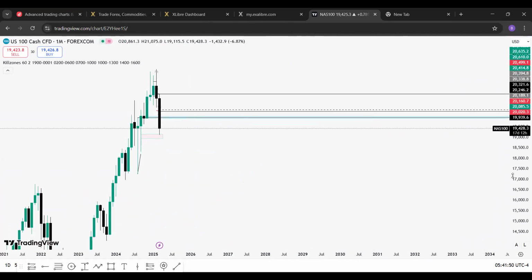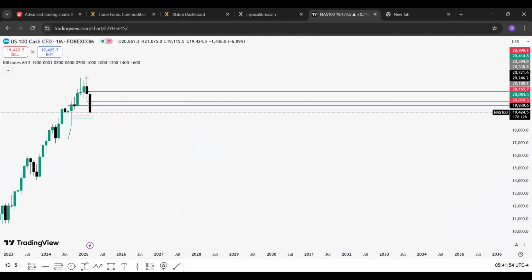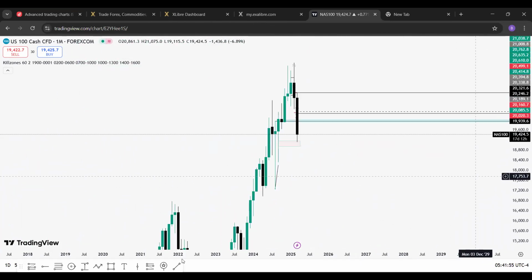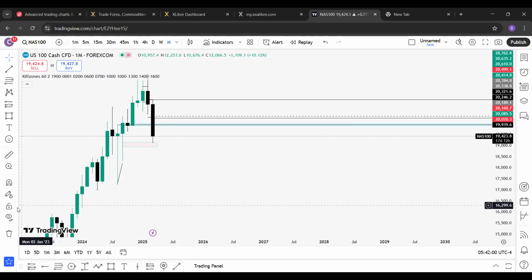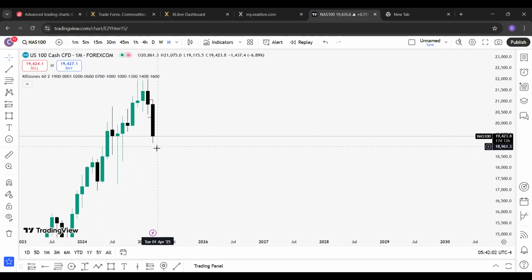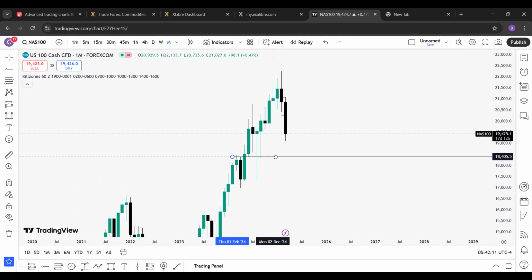The monthly currently is bearish, and drawn liquidity would mean, if we didn't check the monthly, we would just say price is going up.